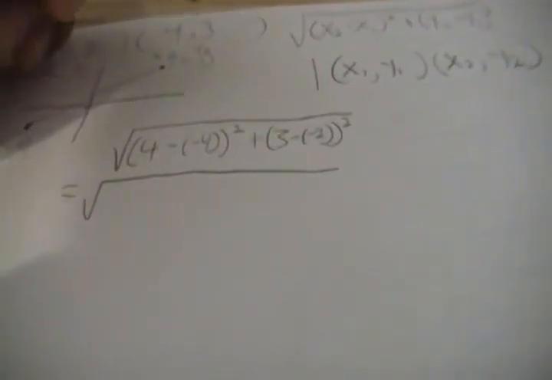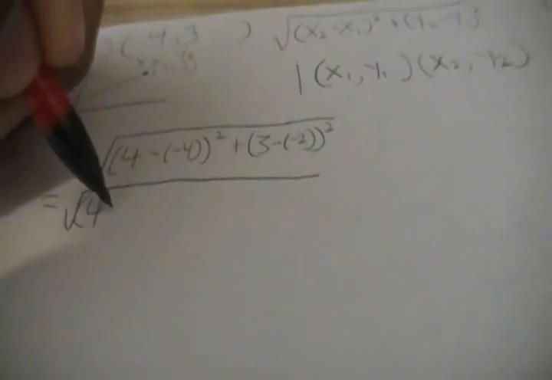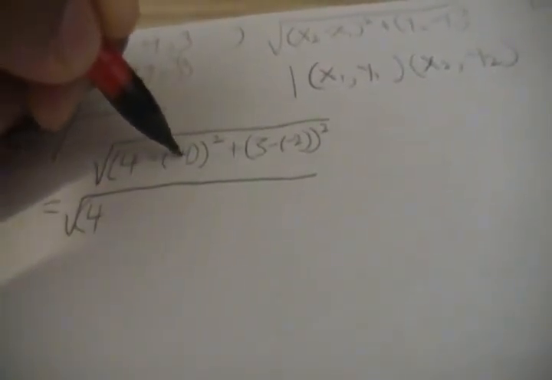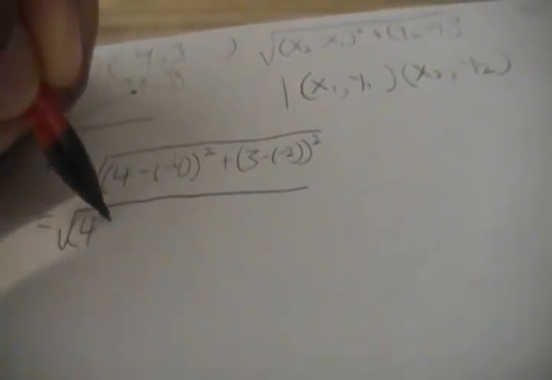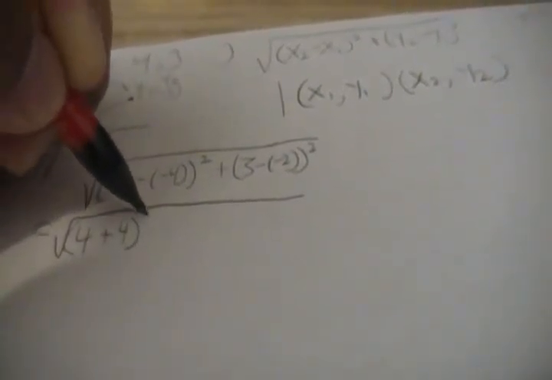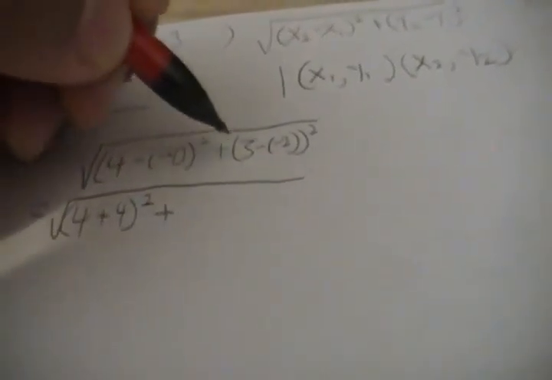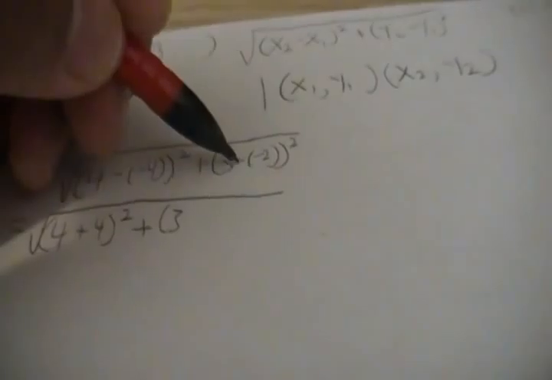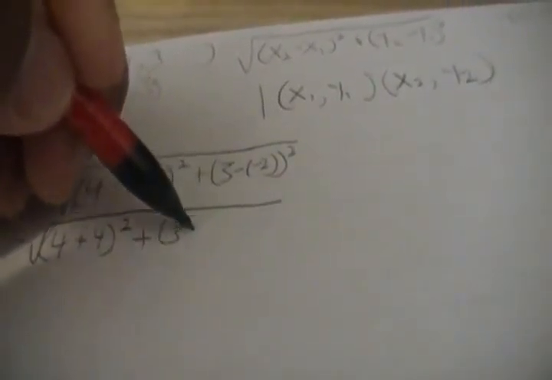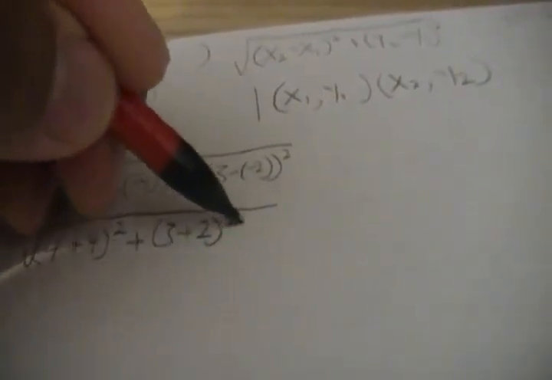So what we get here is 4 minus, so we multiply the signs, negative times negative, positive 4, squared, plus 3, now negative times negative is positive, plus 2, squared.